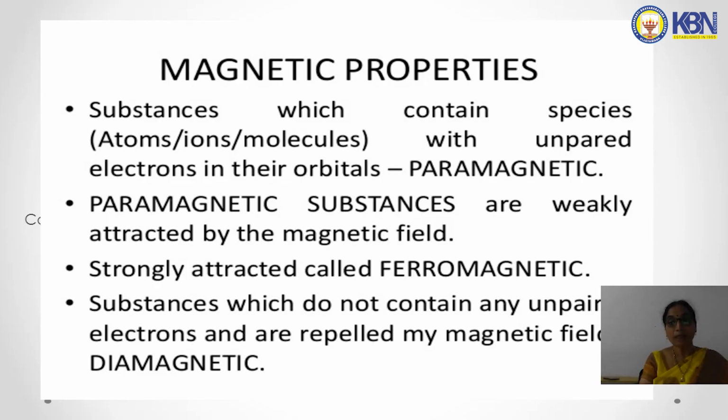That means based on magnetic properties, substances are classified into three types: paramagnetic, diamagnetic and ferromagnetic substances.